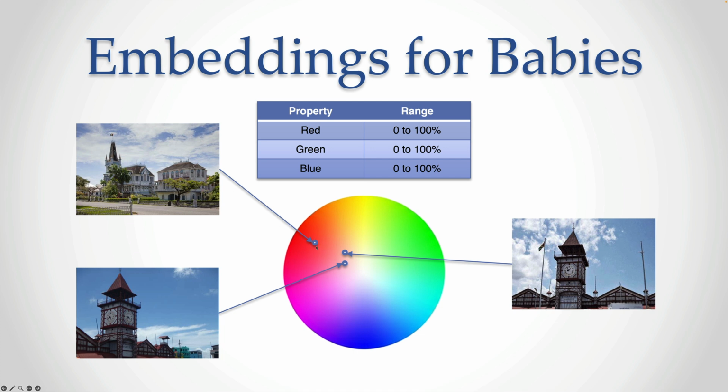And then this other image results in a value here. And this other image results in a value here. But you can see, because these two images have some similarity, even though they're not the exact same image, and if they were the exact same image they would have the same value, their values are going to land in this multi-dimensional space, or on my color wheel in this case, with 3 different dimensions, if you like. They land somewhat close to each other.